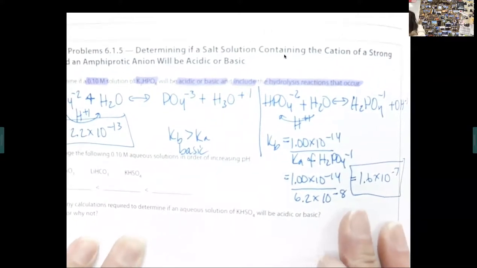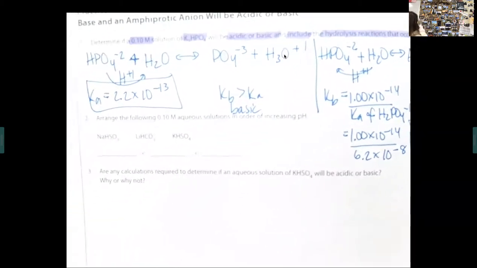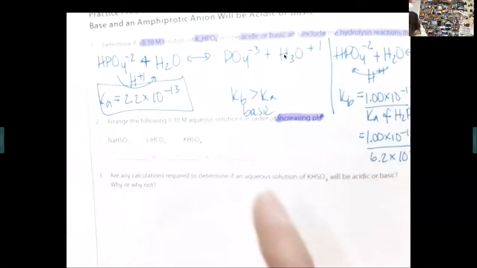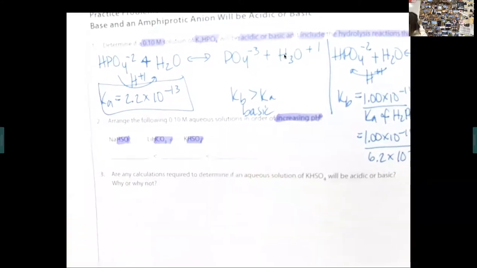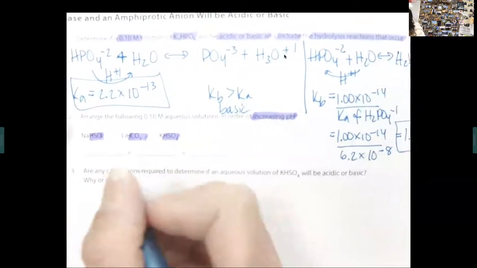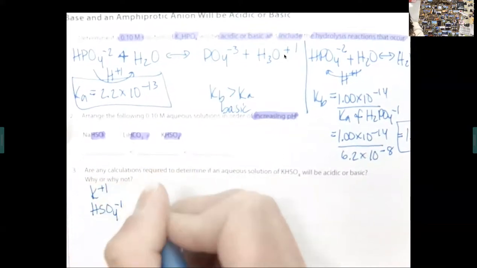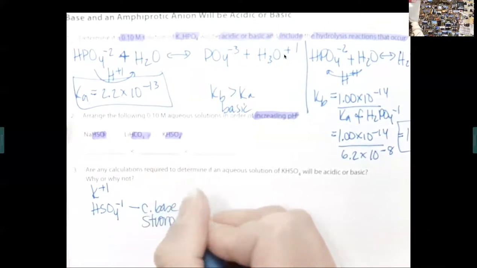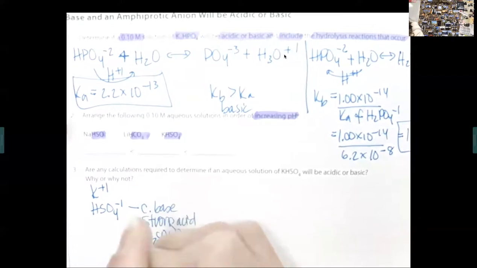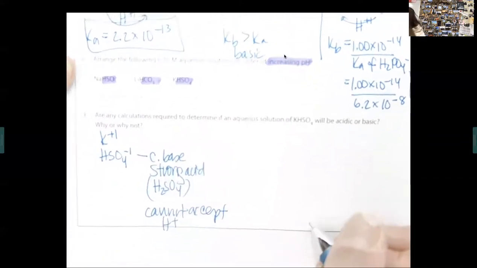Okay, then let's do number 2. Arrange the following 0.1 molar aqueous solutions in order of increasing pH. So I'm going to go ahead and highlight these anions here. And for our K+1 and HSO4 -1, this is the conjugate base of a strong acid. So that means that it cannot accept a hydrogen from water, okay?